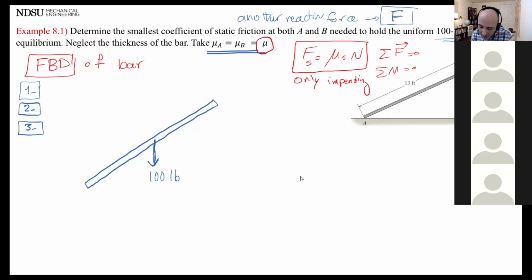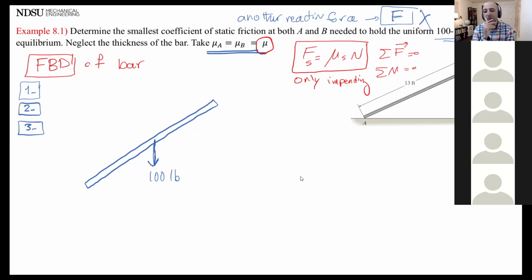So let's just start with point A. Before knowing anything about friction from chapter 5, if this was a rigid body, what kind of reaction did you have at point A? Don't think about friction yet. It would be like a roller, right?